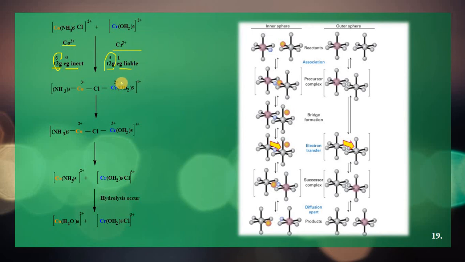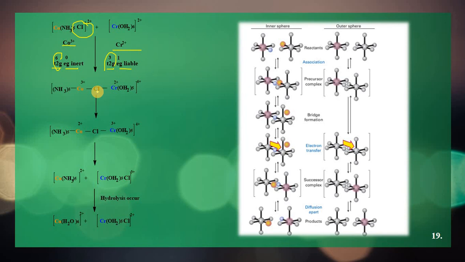So they come together to form what we know as the precursor complex. When they form the precursor complex, they are further activated. How are they activated? There's transfer of electrons. The main target of what we are trying to do is to migrate this chlorine, which is a bridging ligand, here. For it to be migrated, we form coordination.